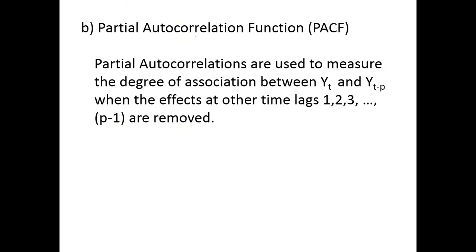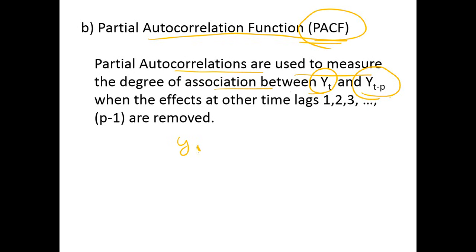Another important thing is the partial autocorrelation. This is also a correlation, but slightly a variation of that. Partial autocorrelation, known as the PACF, is used to measure the degree of association between yt and yt minus p, where you remove the effect of the lags in between.